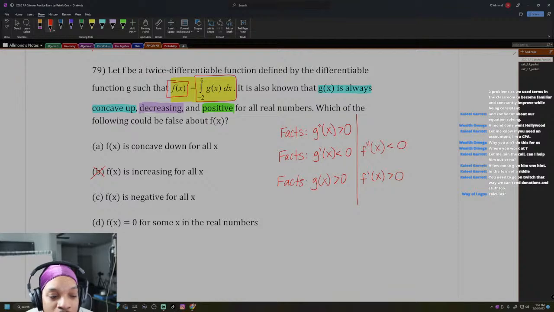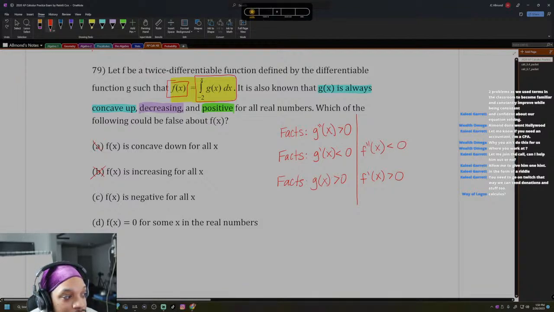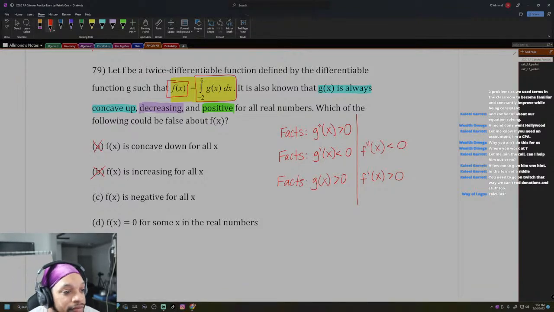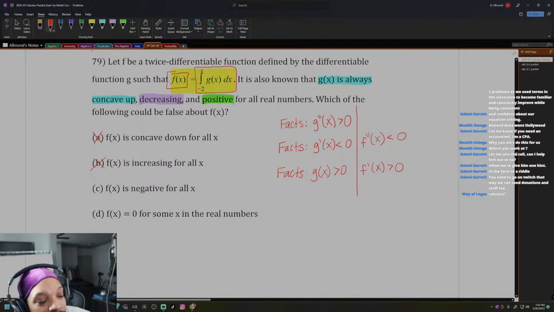If f double prime is negative, what does that tell us about f? That means f is concave up. It's negative, so, oh wait, oh shoot, concave down. So it can't be A. C and D are the harder ones to figure out.